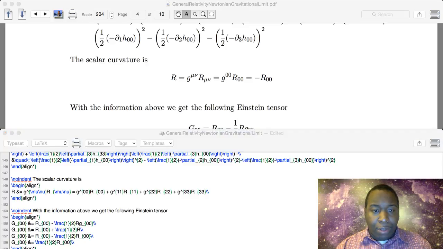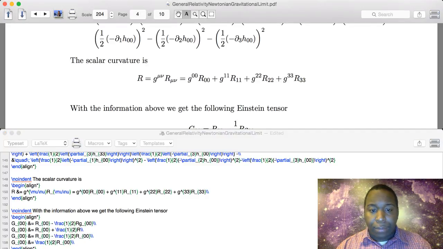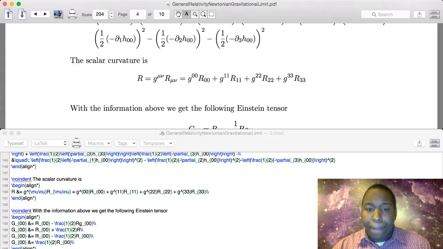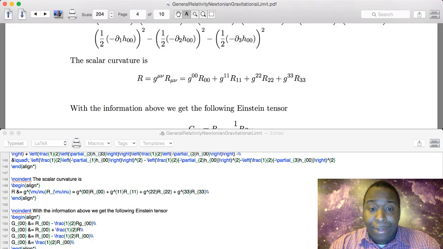So these are the terms that we're missing. The metric in this case, as we've defined in the previous streams, is going to be a diagonal matrix. So we only need to be concerned with the diagonal elements of the Ricci curvature tensor as well, because everything else will be 0.